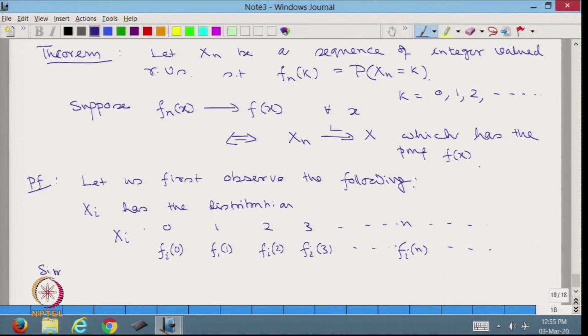Similarly, X takes the same values 0, 1, 2, 3, n with probabilities f_0, f_1, f_2, f_3, f_n, like that.